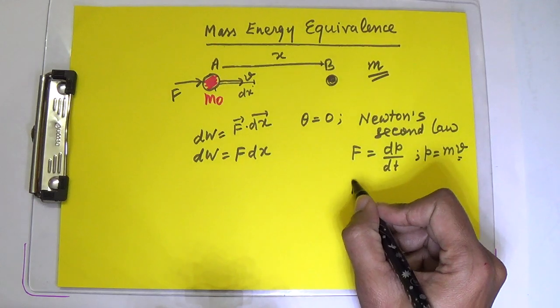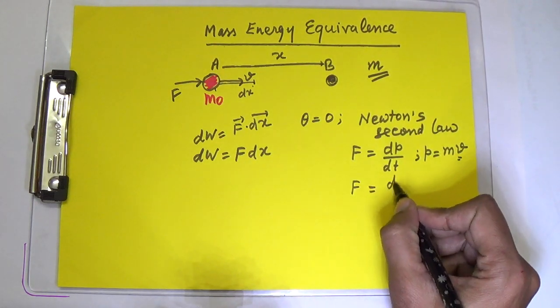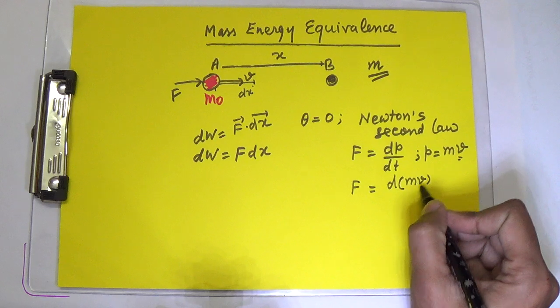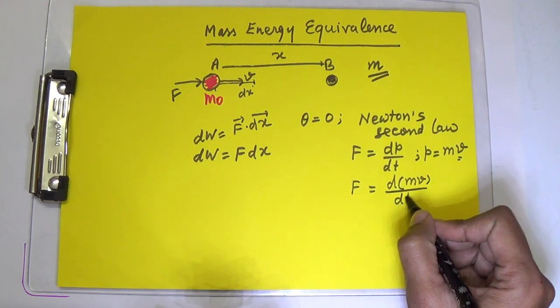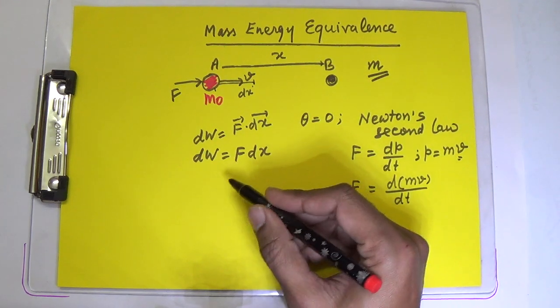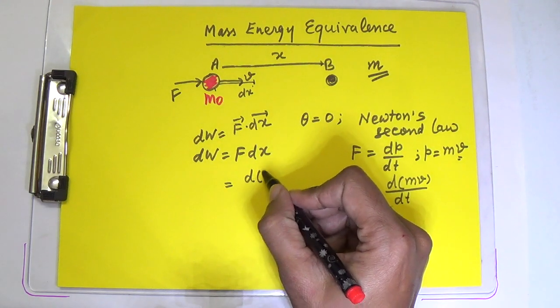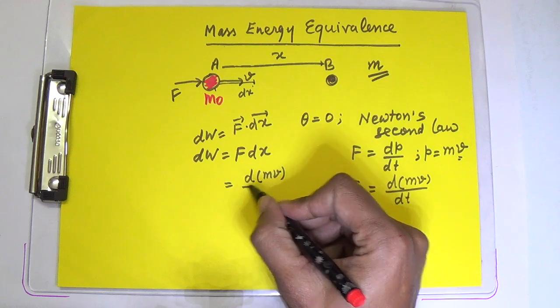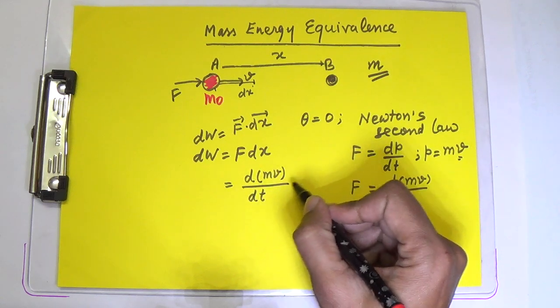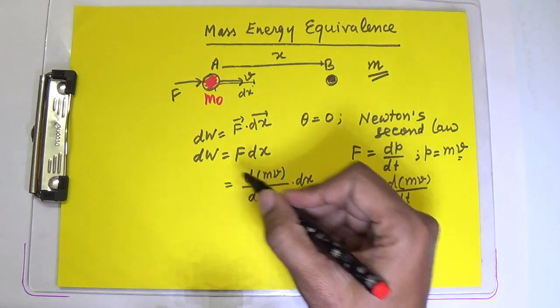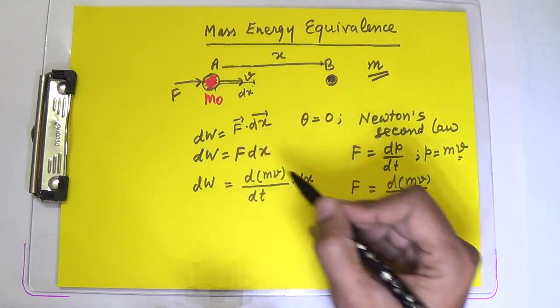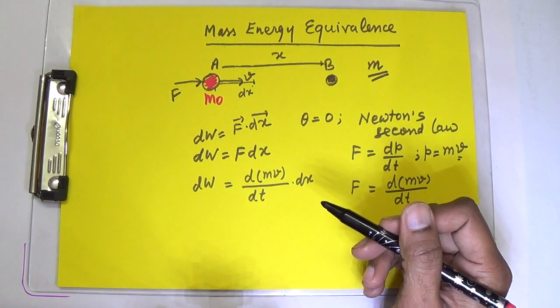So F can be written as d(mv) upon dt. And now instead of F, one can write d(mv) upon dt into dx. This is dW in terms of m and v.